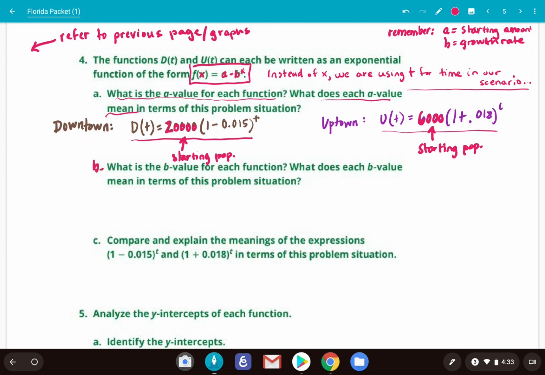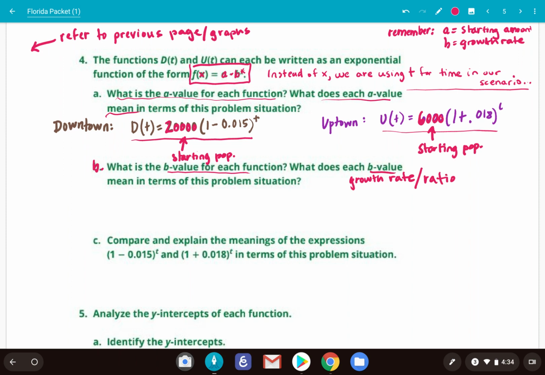For b, it says, what is the b value for each function? So the b value is the growth rate, or the ratio is what we've been calling it in previous examples. So what is it in this case?